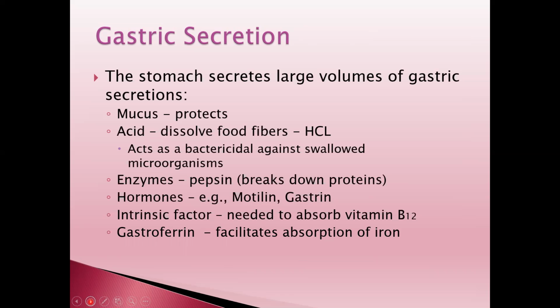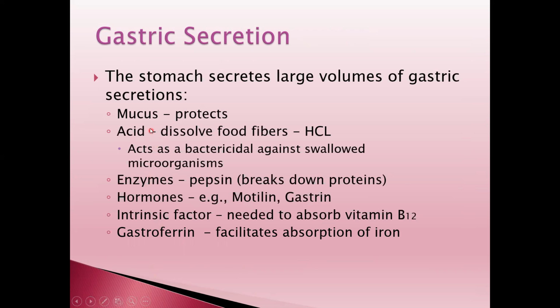Also, nonsteroidal anti-inflammatories can disrupt the lining or inhibit certain protective syntheses of hormones, and can cause inflammation and ulceration. So a lot of things can disrupt this whole homeostatic protection.